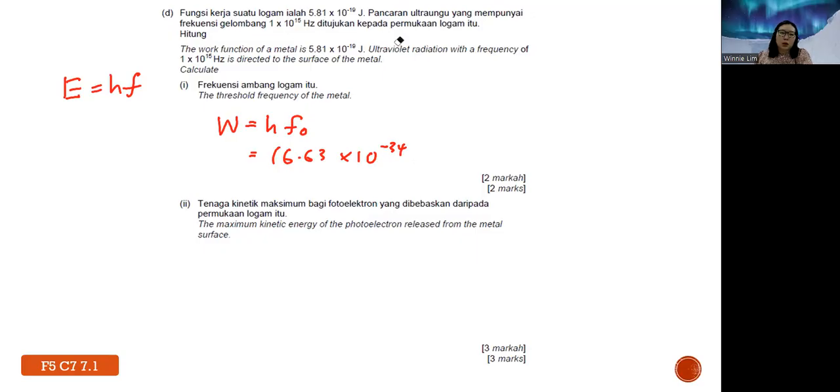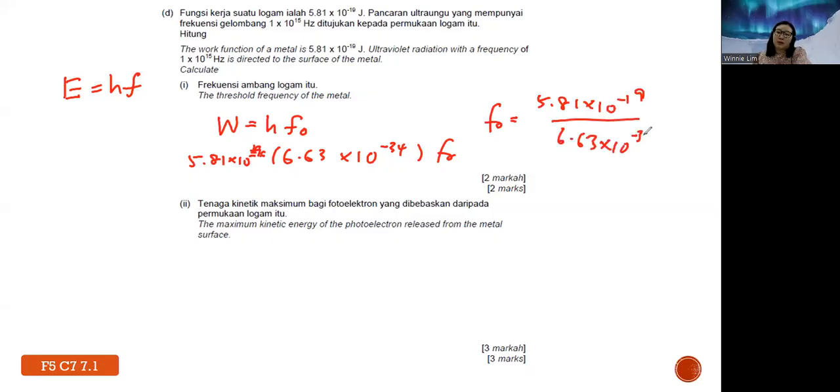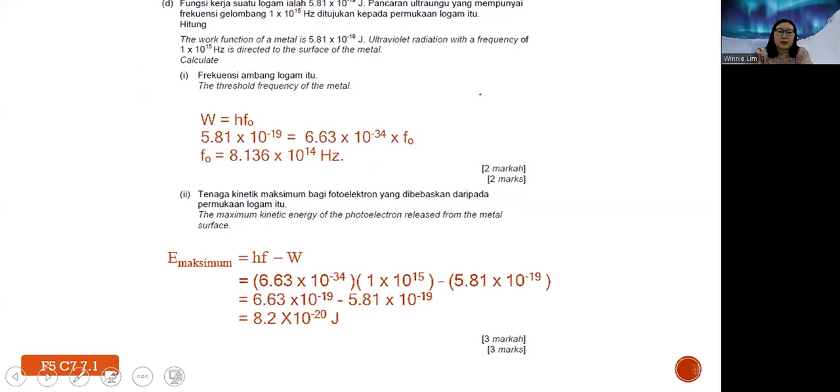They give you the work function, which is 5.81 times 10 power negative 19. So F naught equals 5.81 times 10 power negative 19 divided by 6.63 times 10 power negative 34. You press the calculator and you get the answer for the threshold frequency.